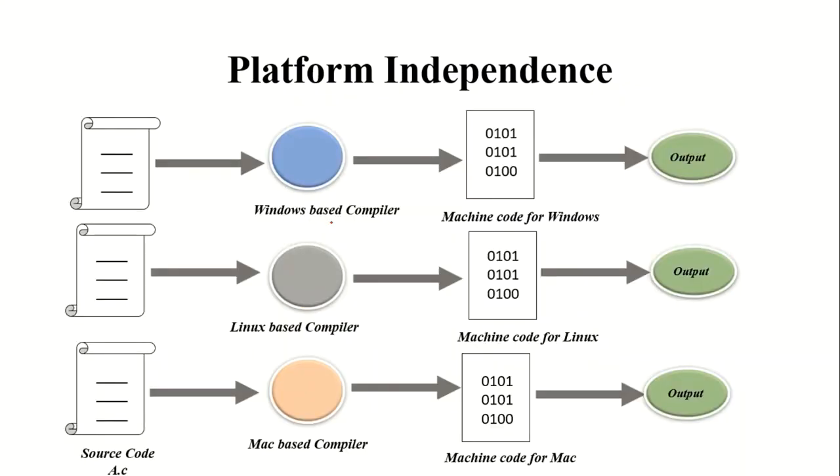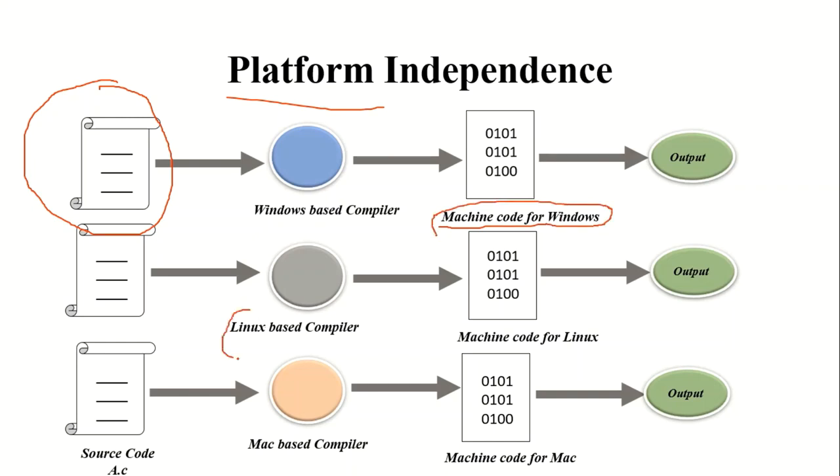To comprehend the platform independence concept clearly, let's take an example of C programming. Say this source code is written on a Windows machine, and the machine code generated after compilation can only be understood by the Windows machine. No other operating system like Linux or Mac could understand this particular machine code.